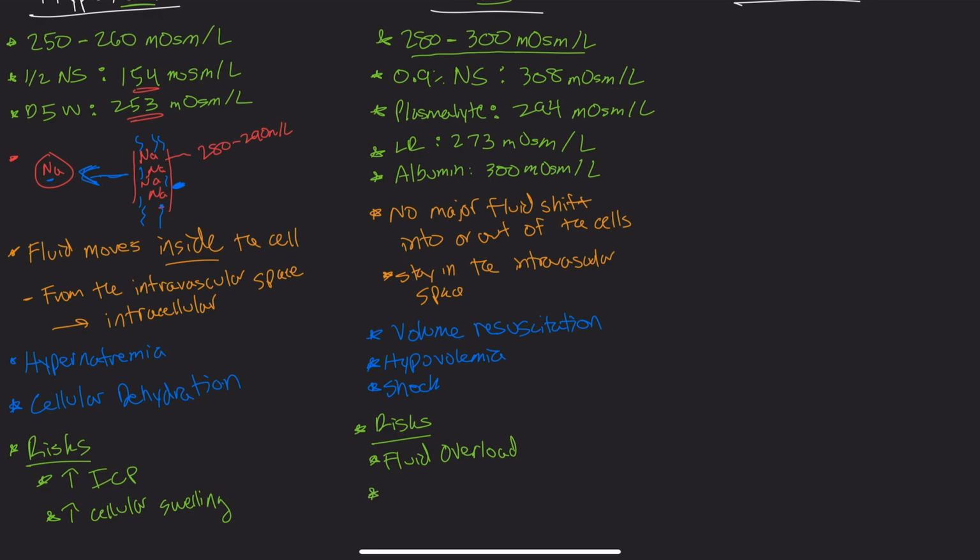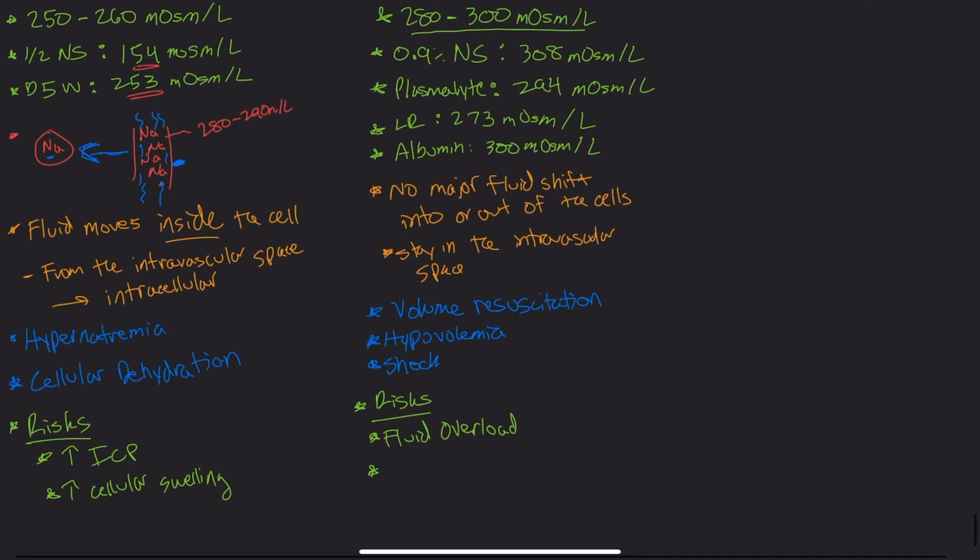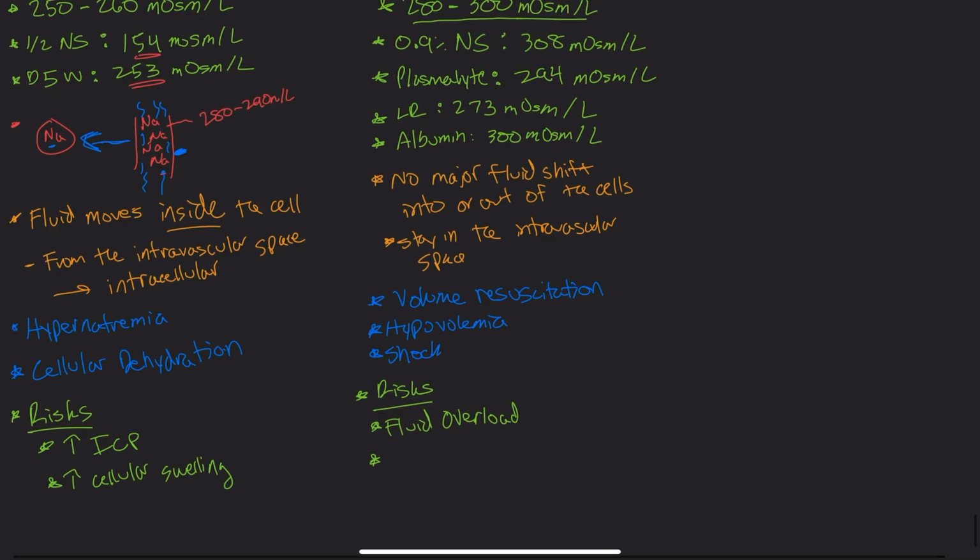And then additionally, this one, if you're just starting out, don't worry about why this happens. But another thing, especially if you're using normal saline, is this can actually cause hyperchloremic metabolic acidosis.